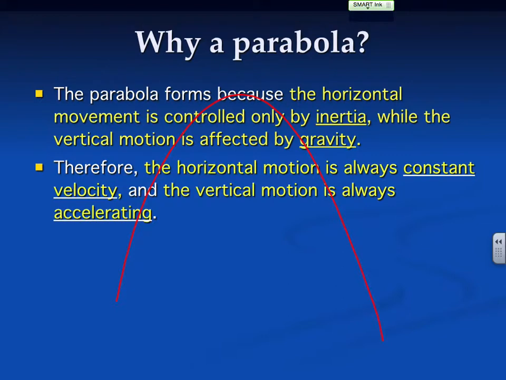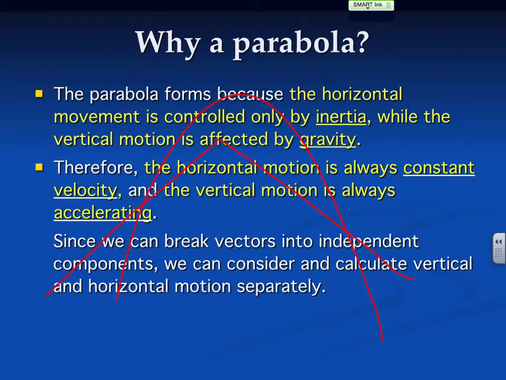Now if they were both a constant speed or both an acceleration, then we would see things travel through the air in straight lines. That would look normal to us, but it's weird in our world because things don't travel in straight lines like that. They travel in these nice little curves, the parabolic curves.